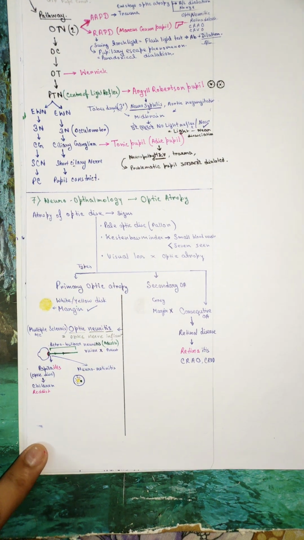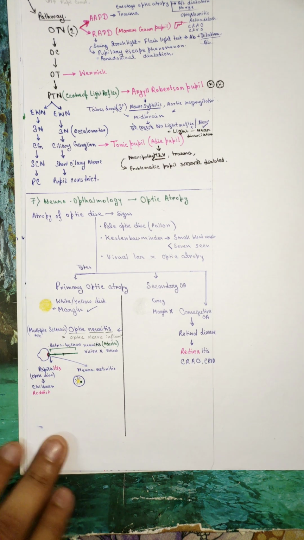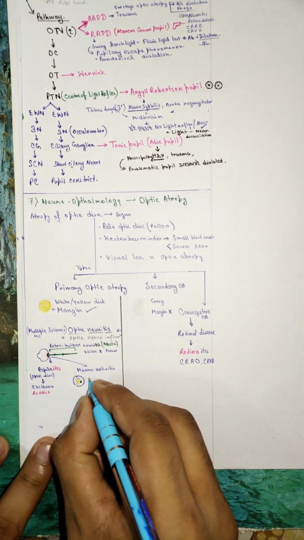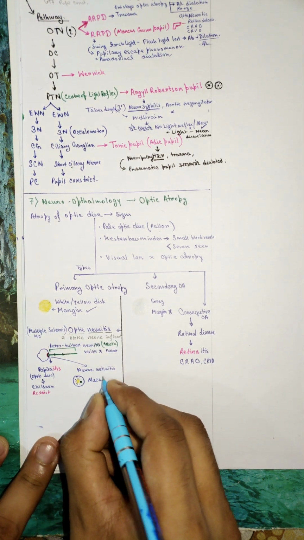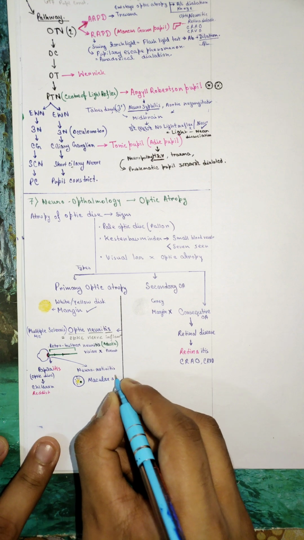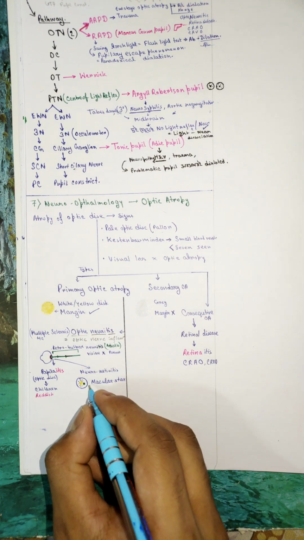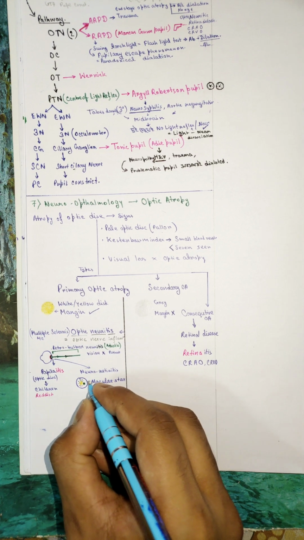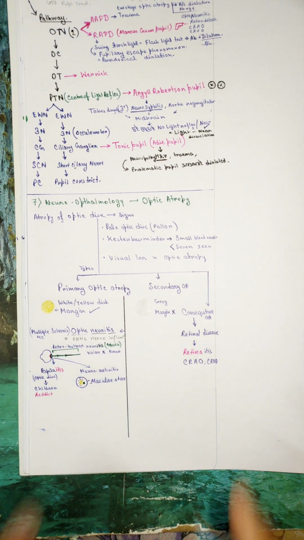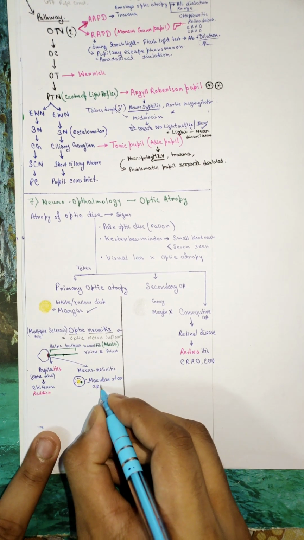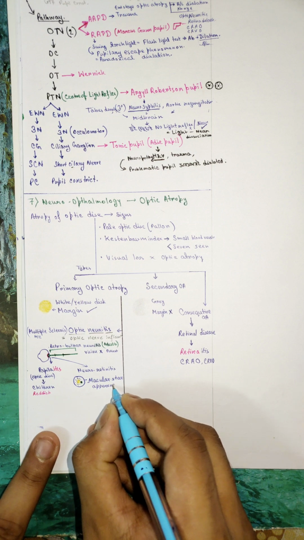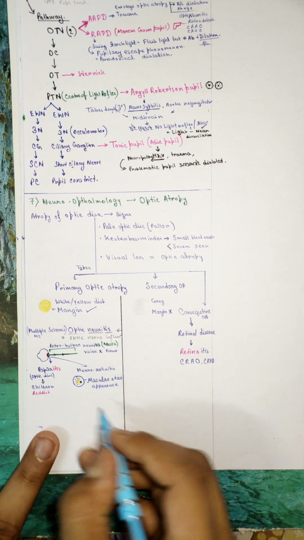So I will write it as macular star appearance. Macular star appearance can be seen. So macular star appearance is seen in where? Neuroretinitis.